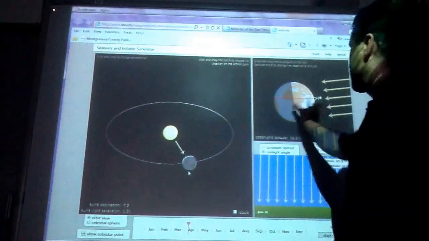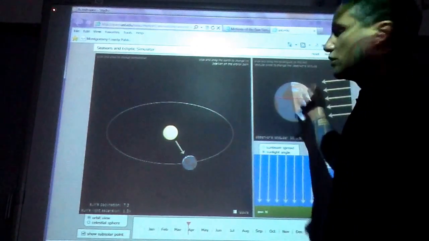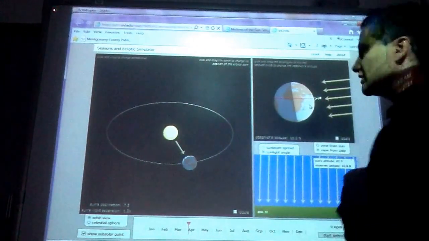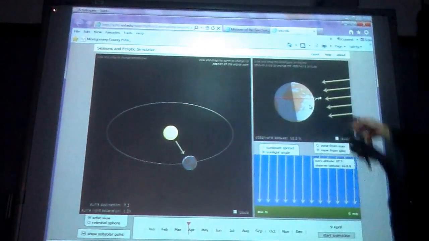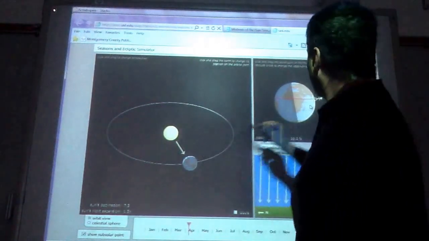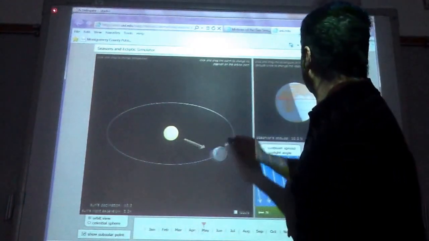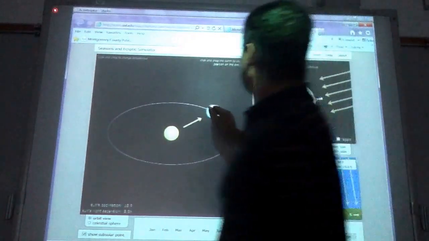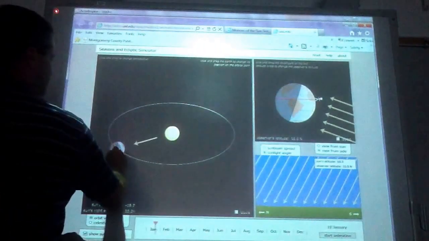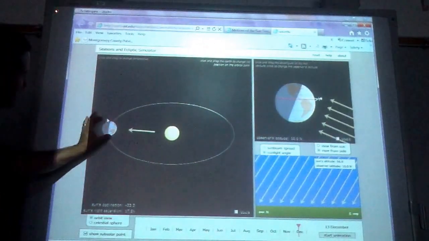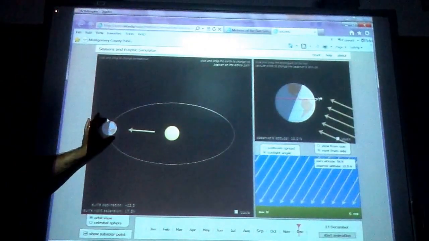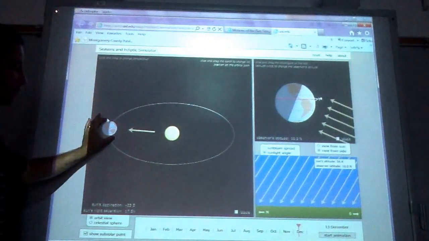The word rotating has to do with the world spinning, which causes day and night. And as you can see, as the world goes around, if you look at this closely, you can see that the world is on a tilt, about a 23.5 degree tilt.